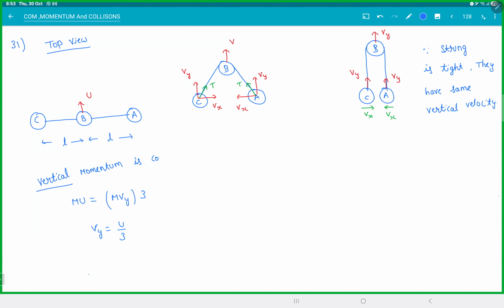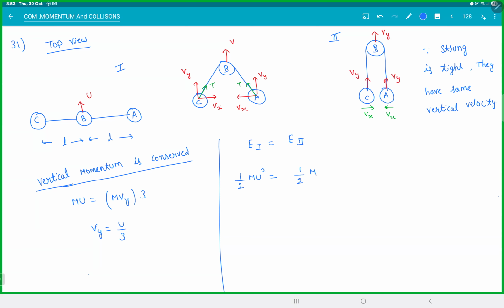What else is conserved? Energy. Because the floor is smooth and there are no other forces, energy is also conserved. This is my state 1 and this is my state 2. Energy in state 1 is equal to energy in state 2. Initial energy is only kinetic energy, half m u square. Since all of them are on smooth ground, there is no gravitational potential energy.